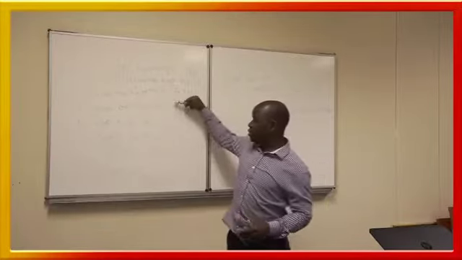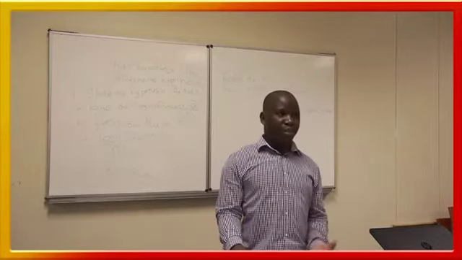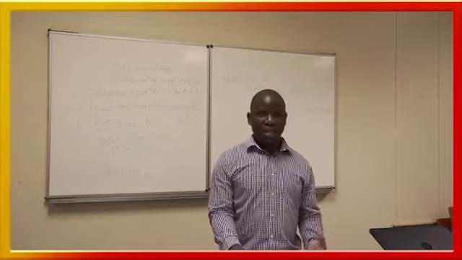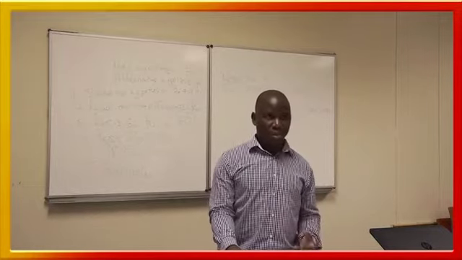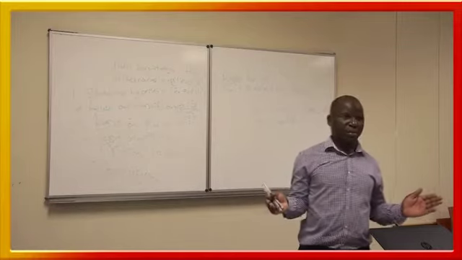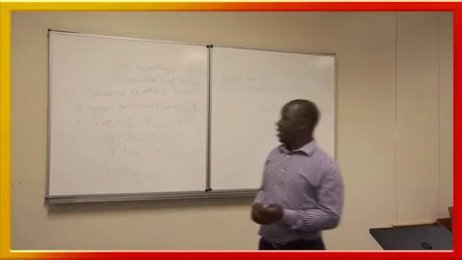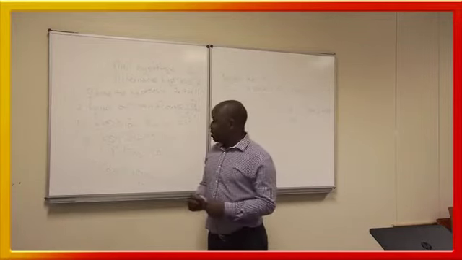But as of now, it's good to just appreciate that level of significance is the probability of rejecting H0 when H0 is actually true. Now, the decision rule is a statement that connects two values. Which are these values?